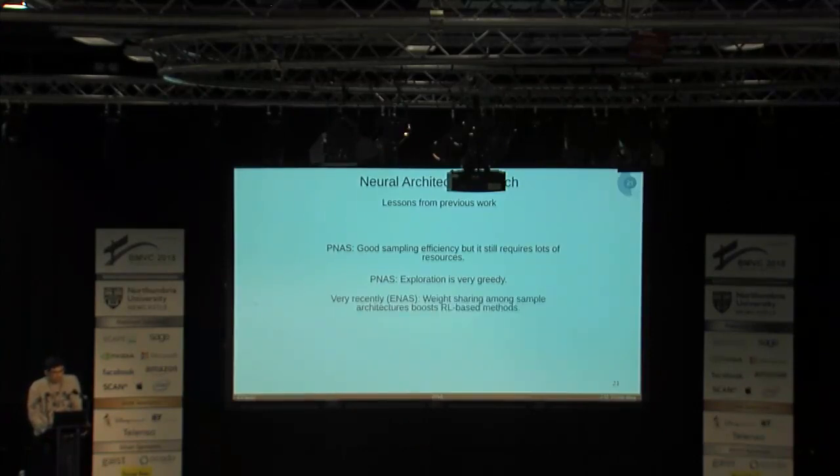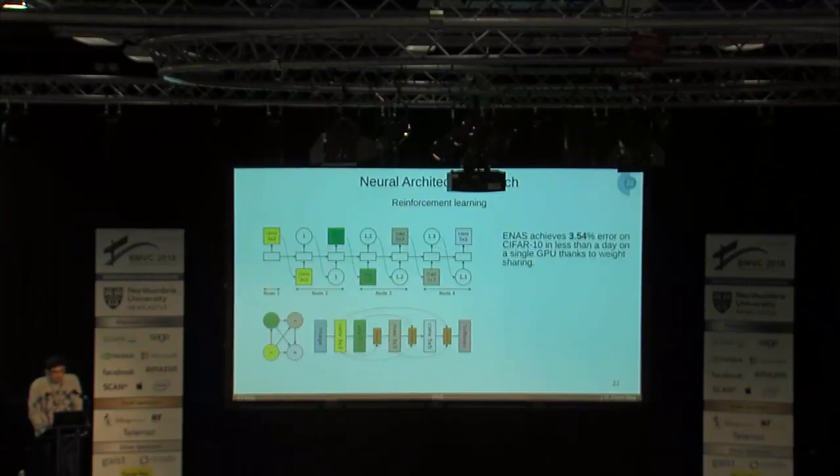So another element that we want to bring to this work is something that was proposed very recently in a paper called Efficient Neural Architecture Search. Basically, they propose to do weight sharing among sample architectures. That's a reinforcement learning-based method where they see the search space as a big graph, and each one of the nodes of the graph is an operation at a layer of the neural network.